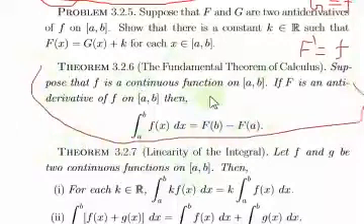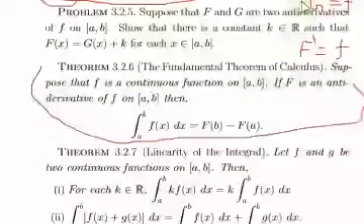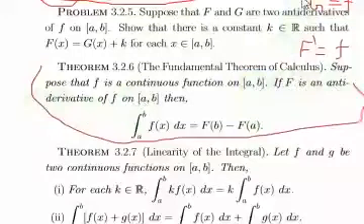theorem. Here we know that lowercase f is a continuous function on this closed interval, and uppercase F is an antiderivative of f on [a, b]. So let's define another function called G as follows.